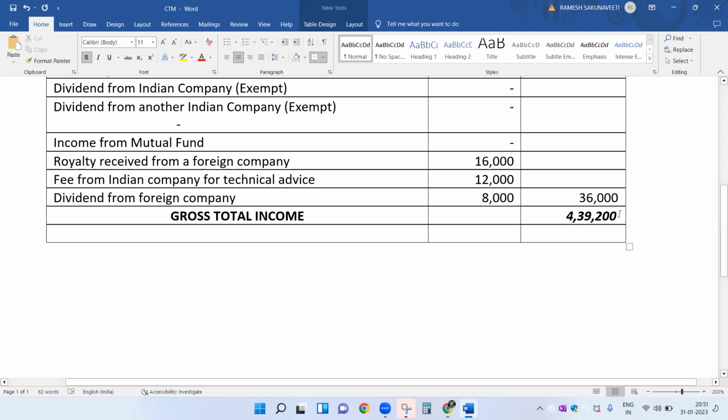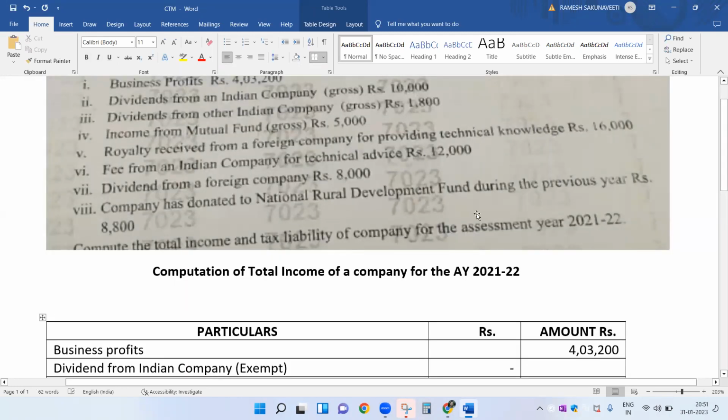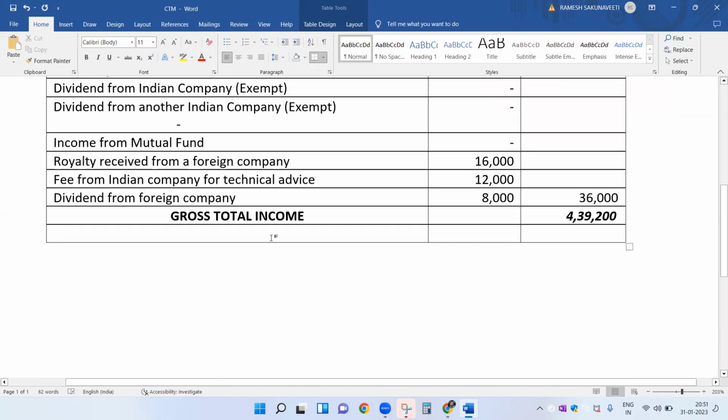Then you remember one thing. I mentioned one amount you have to deduct, that is NRDF, National Rural Development Fund, deductions under 80G.